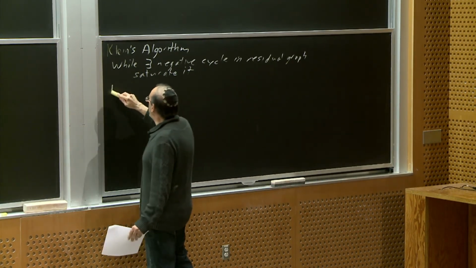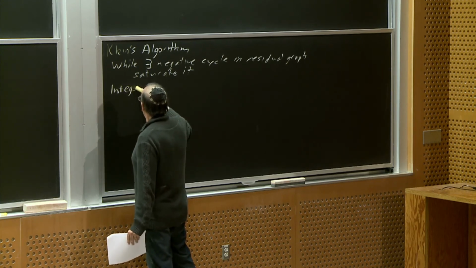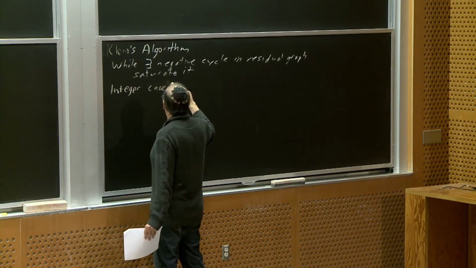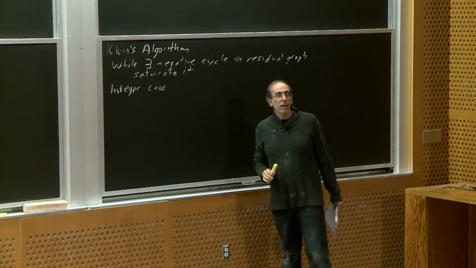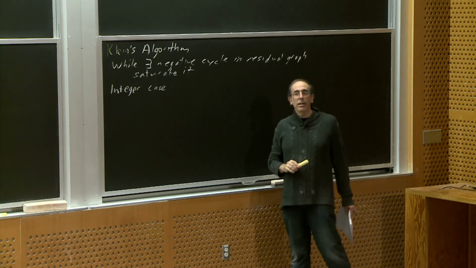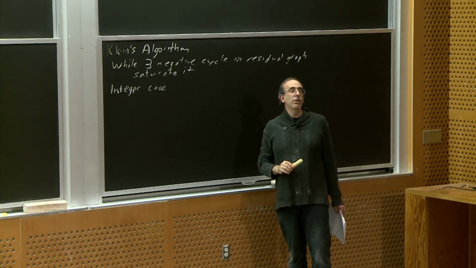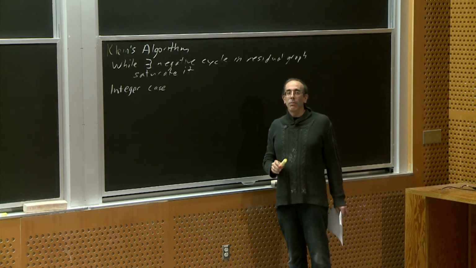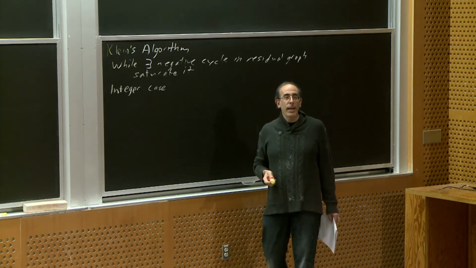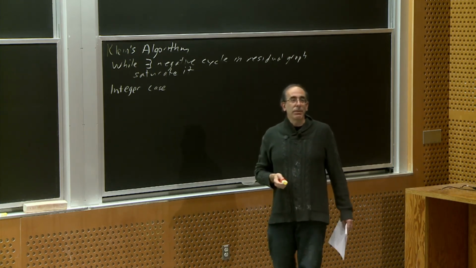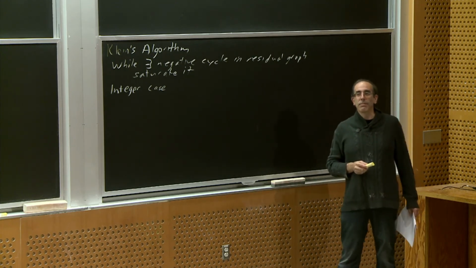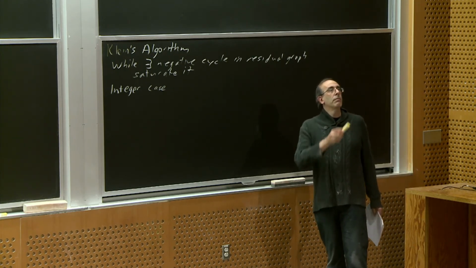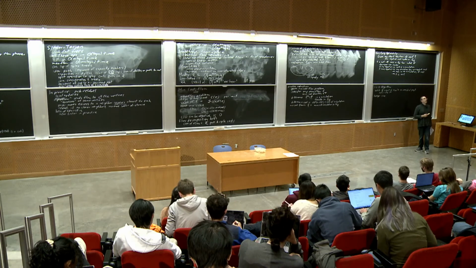And let's focus on the integer case. Okay. So if all of the costs and capacities are integers, right? What sort of progress can we say we're making when we saturate a cycle? That is, when we saturate a negative cost cycle? Yes? You've at least reduced like the total cost by 1.